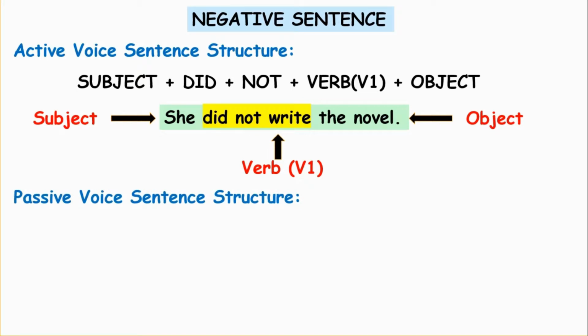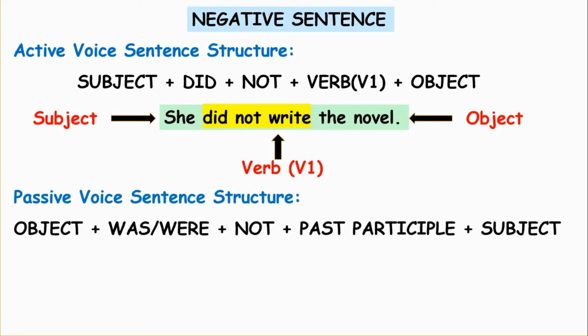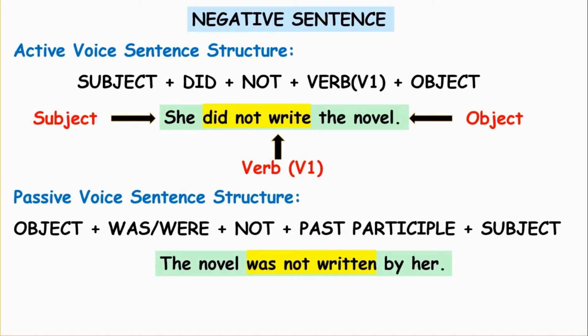Now let us look at passive voice sentence structure. Object, in the sense object of active voice, plus was or were plus not plus past participle V3 plus subject of active voice. Okay, this is the sentence structure in negative sentence. Okay, let us look at the sentence.